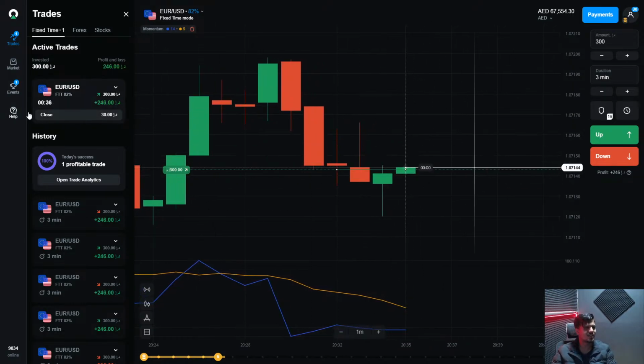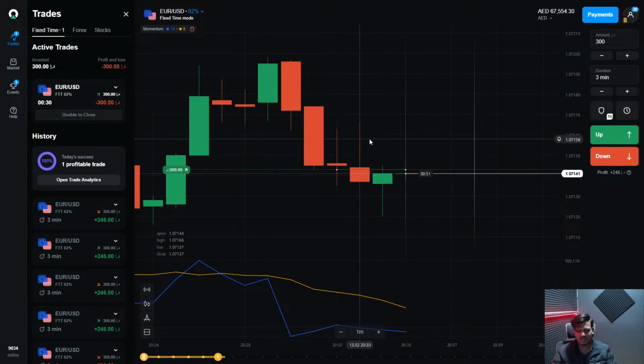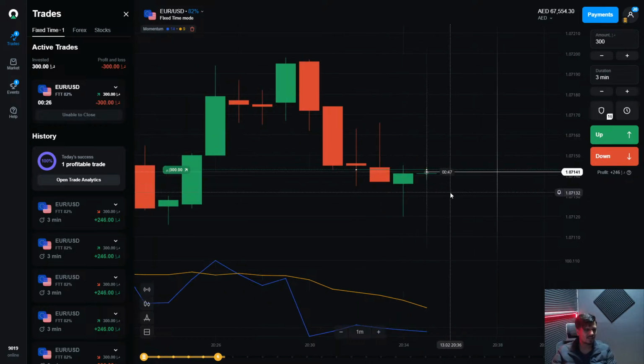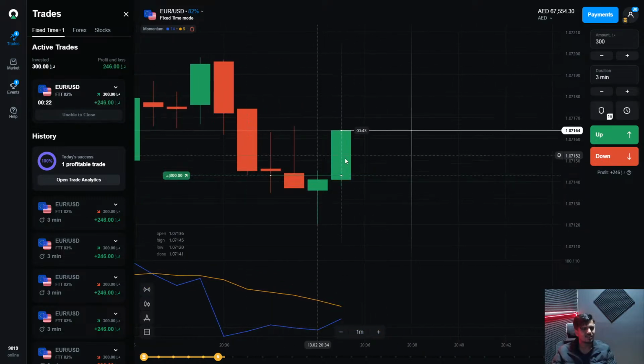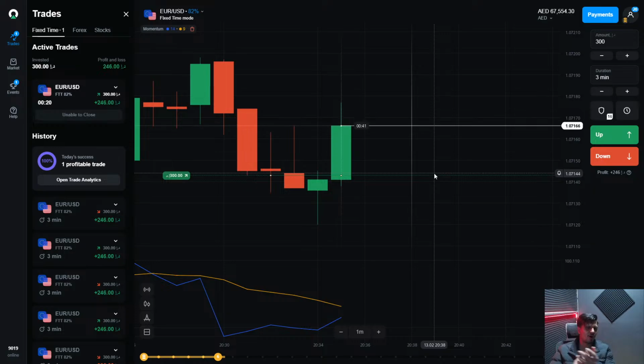Yes, it's crossed. 36 seconds remaining, guys, and it is trying to move downward, but we need it upward. That's why it's changeable. So let's see, guys. 9,000 members. Oh wow! 18 seconds remaining now.